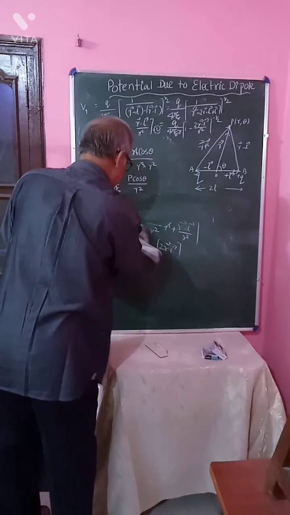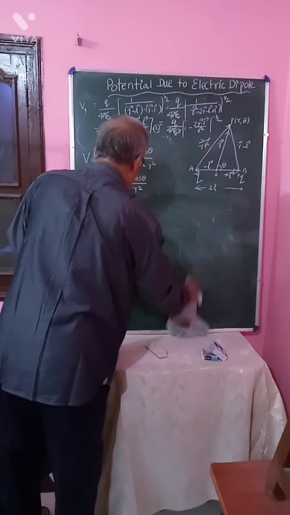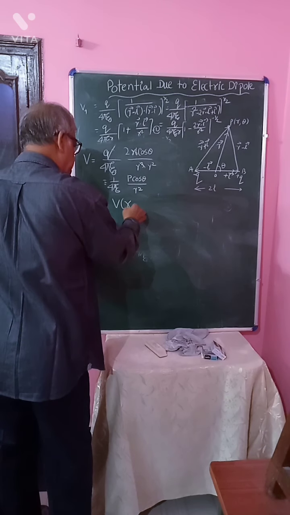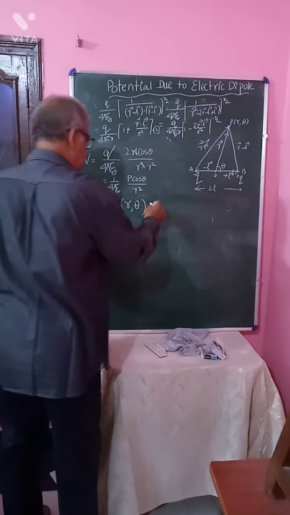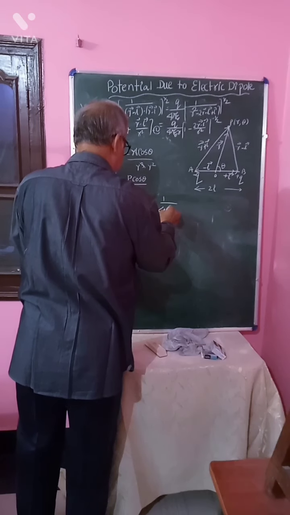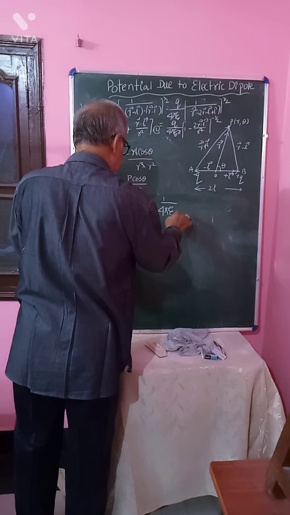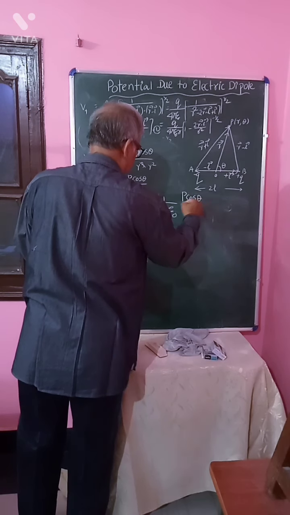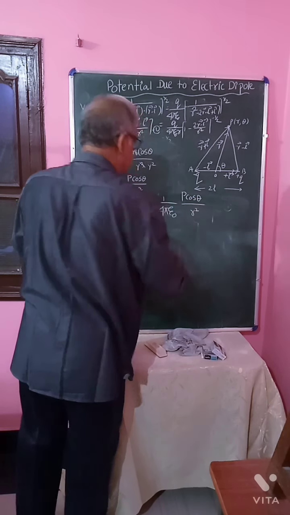This is the expression for potential, that is V as a function of R and theta, equal to 1 by 4 pi epsilon 0 times P cos theta by R square.